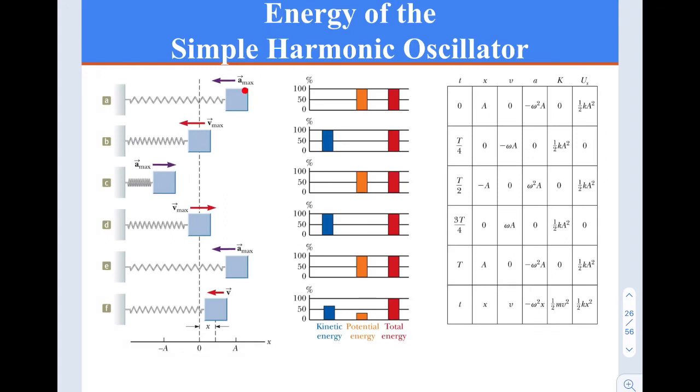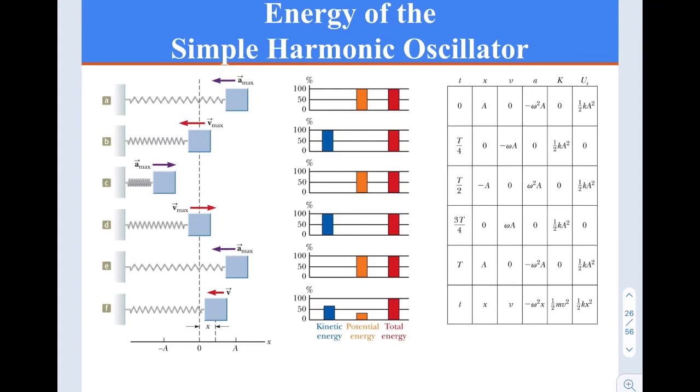So the block is going to attain maximum acceleration because it changes from static, from not moving, to having some motion. So the acceleration of it is going to be maximum. At positive A, the potential energy will be maximum, 100%. This is also equivalent to the E total, right?